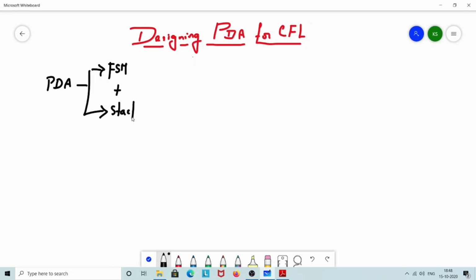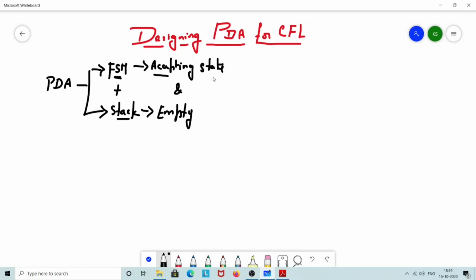On what basis does a PDA accept the string? That depends on the following factors: the FSM should be in an accepting state, and the stack needs to be empty, after scanning the entire input string. These two conditions need to be satisfied.